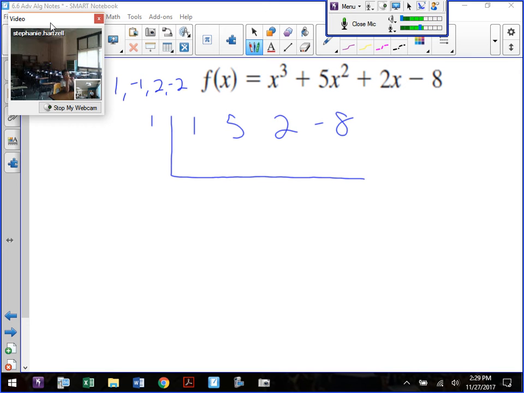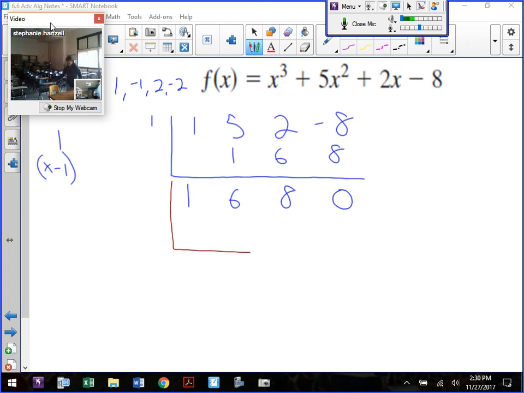So I try it with 1. First step, bring down the 1, multiply, add, multiply, add, multiply, add. So 1 is a 0, which makes its term x minus 1. Okay? Now, use this one as our next bit. I'll try it again at negative 1 here. I only have to go through 3 parts because the 0 wound up here and I don't have to worry about it.